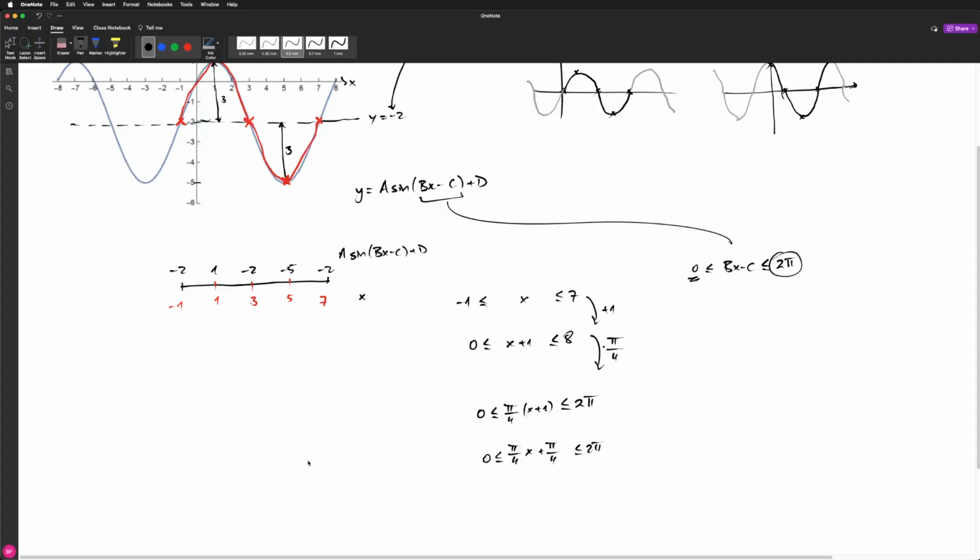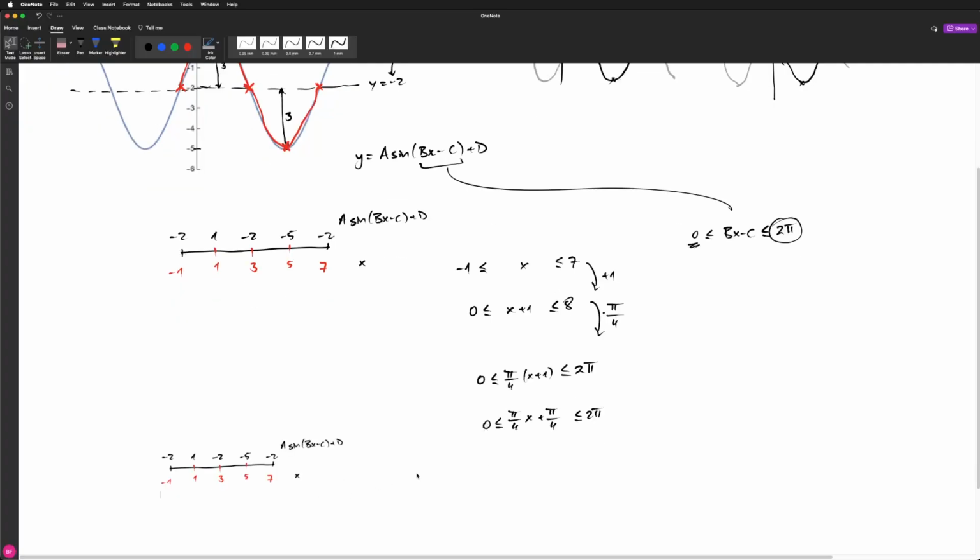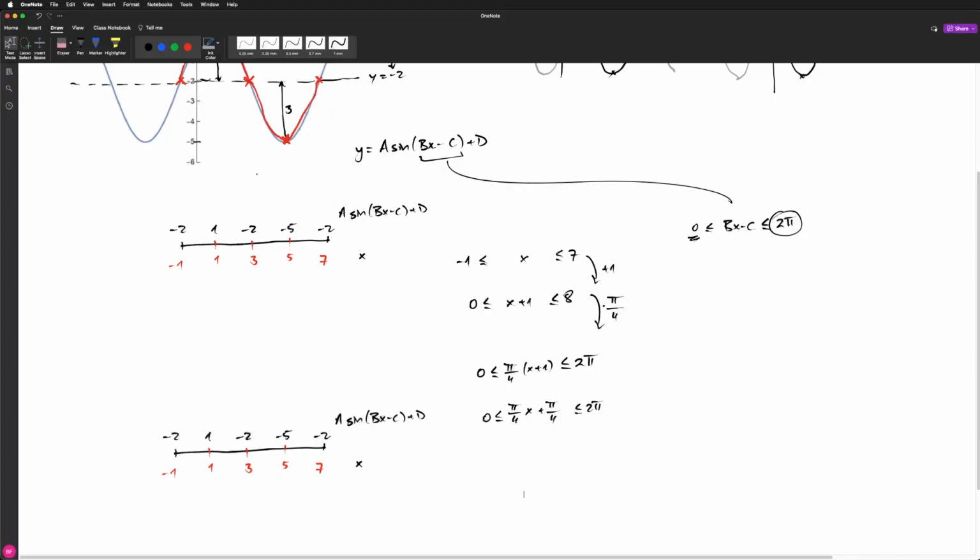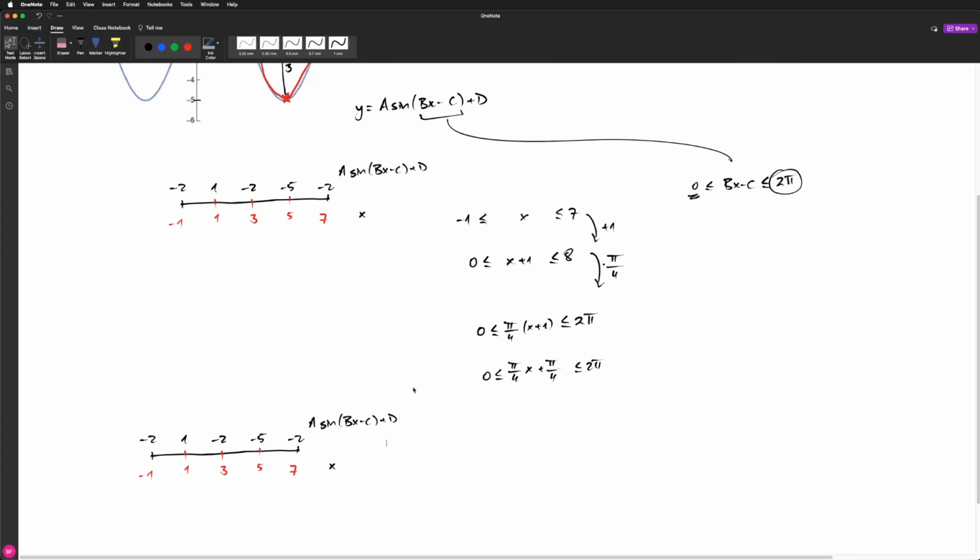So what I figured out is my b is pi over 4, and my c is negative pi over 4. Minus minus. c is always the number that follows the minus, if you want to stick to the formulas in the book.